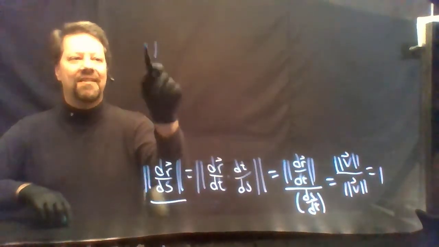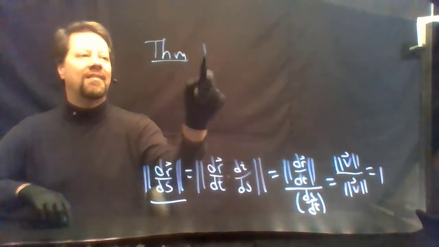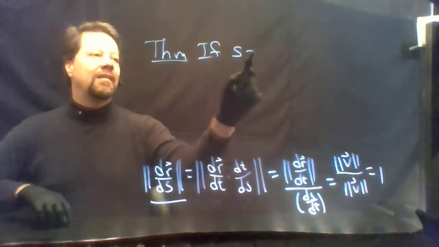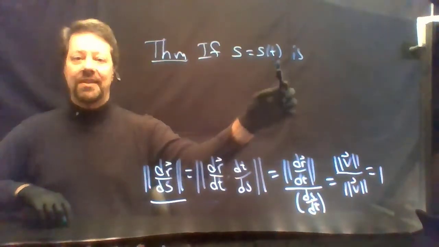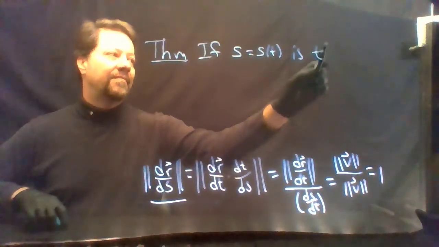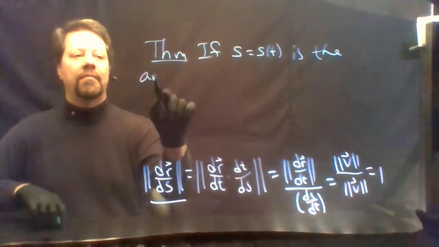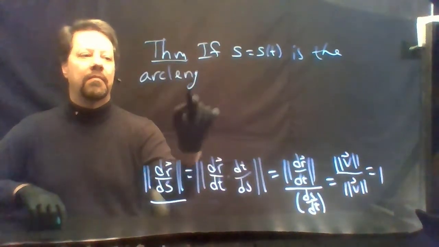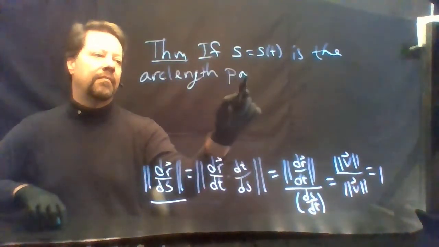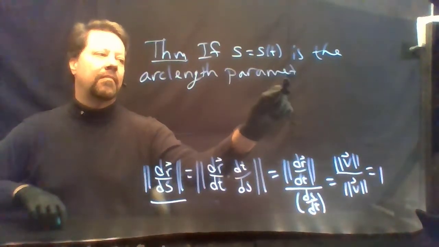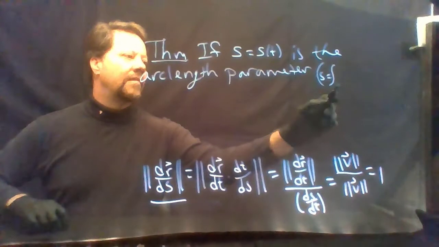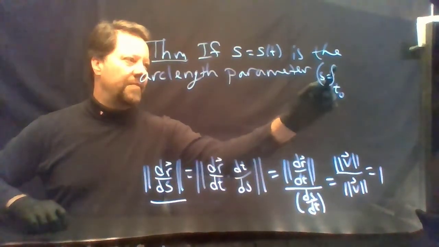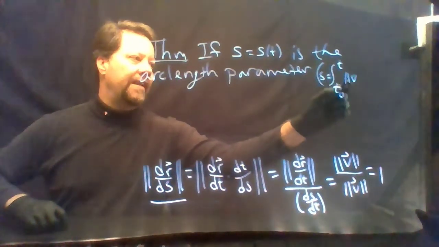We can call this a theorem. If s is the arc length parameter, that's evaluated from t0 to t of the norm of v.